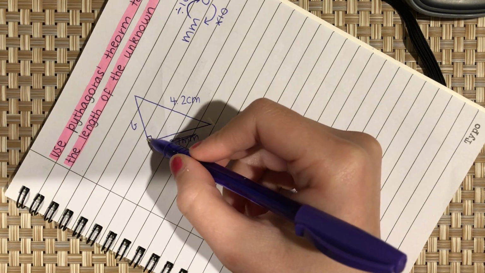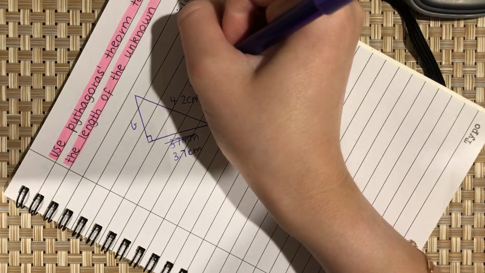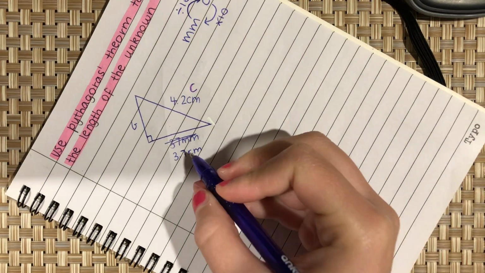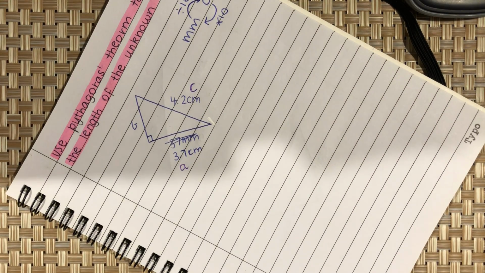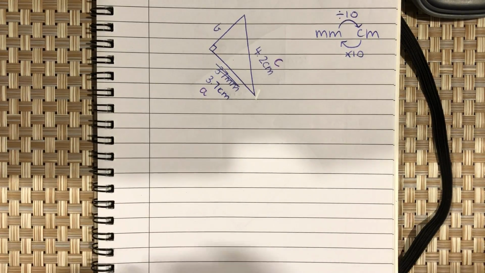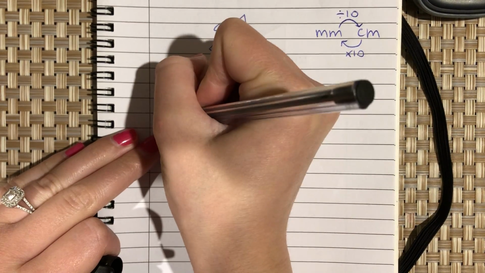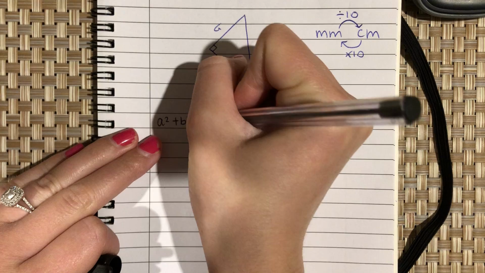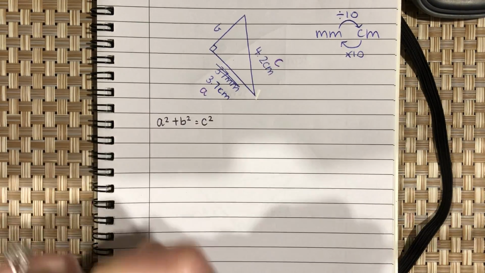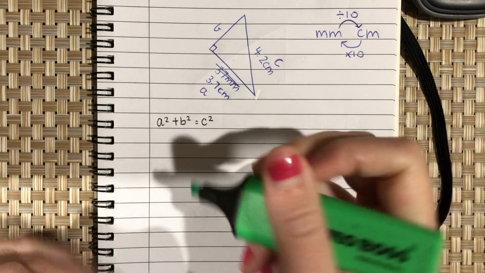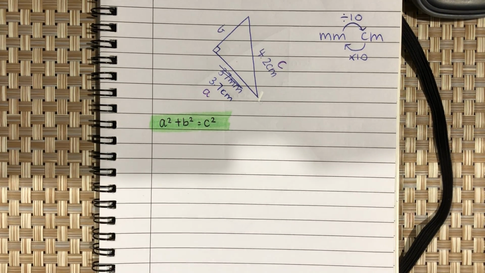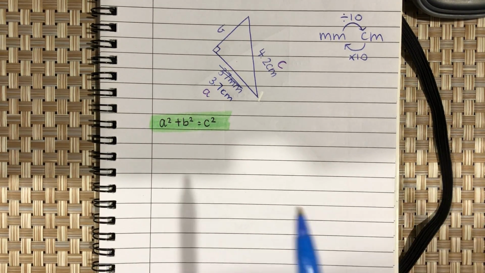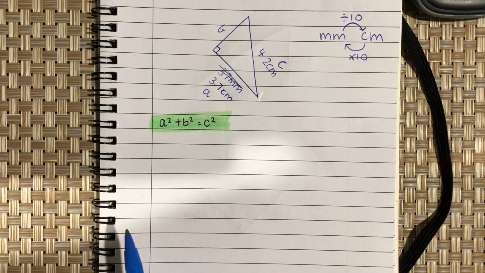Whatever's opposite the little box is the hypotenuse, so that's C, the longest side, and then this must be A. All right, so I've got my A, B, my C. Write down the formula as your very first step. And I'm highlighting it green to make it obvious to you guys that that should always be your first step.